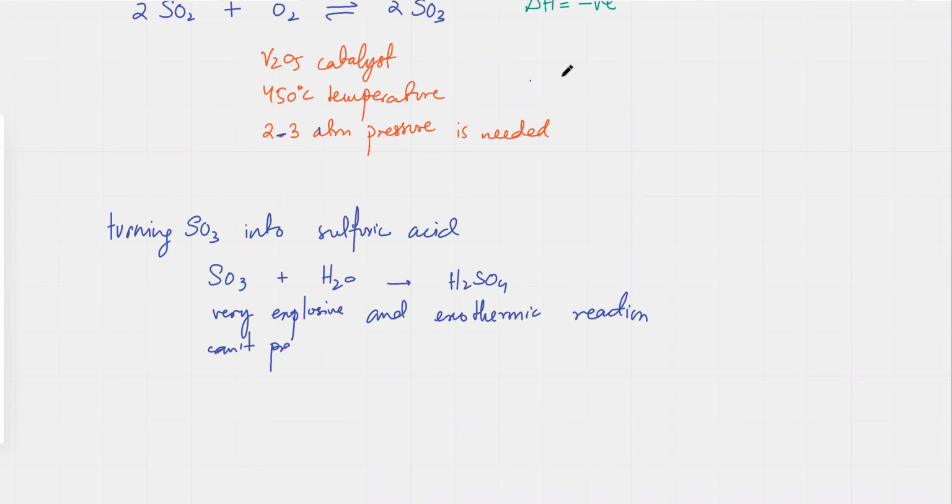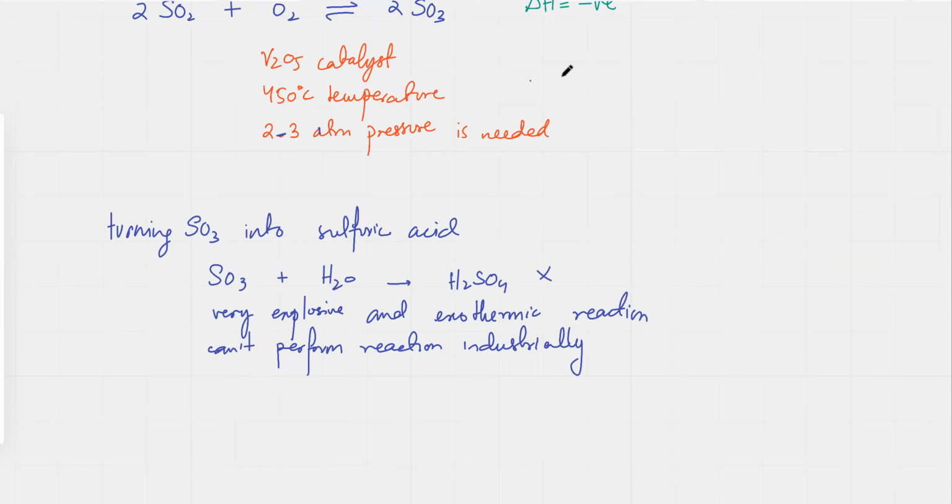You can't do this reaction in a factory. That would be very dangerous. So dissolving SO3 in water simply makes sulfuric acid, but this reaction is not carried out and is avoided.